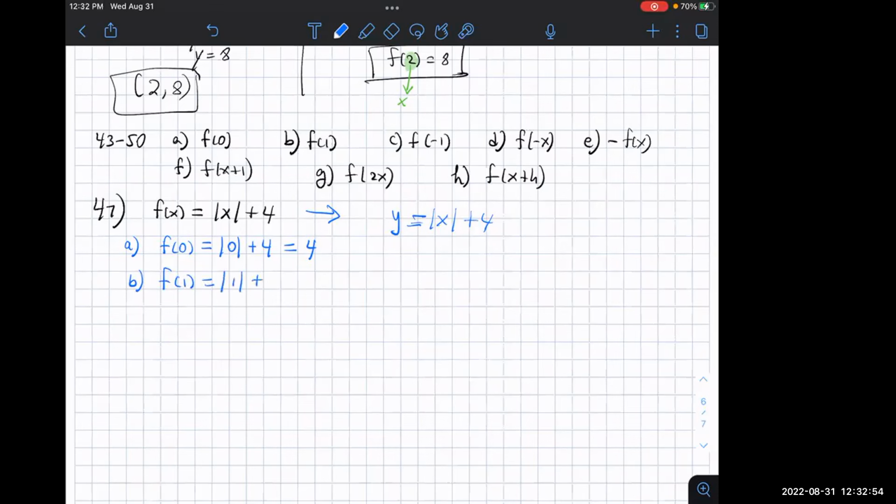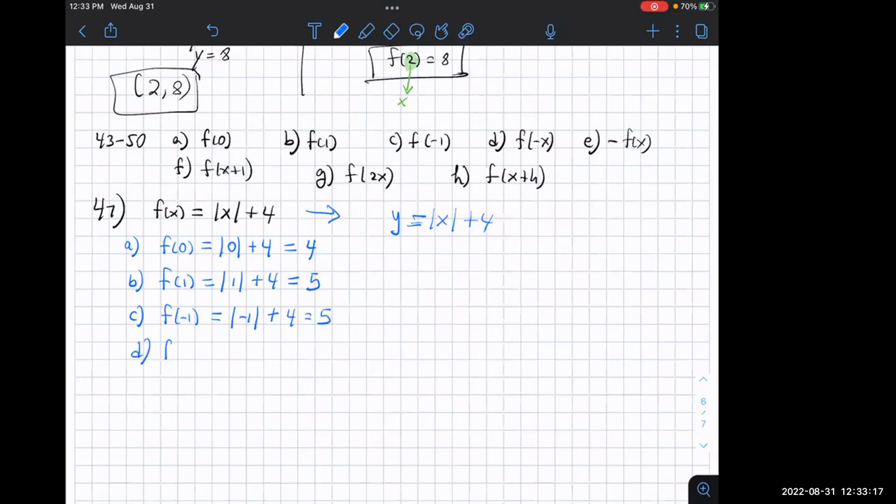Absolute value of 1 plus 4, and that gives me 5. That's right, 5. What is f of negative 1? It's still going to be 5, because the absolute value of negative 1 is also 1, so it's also 5.